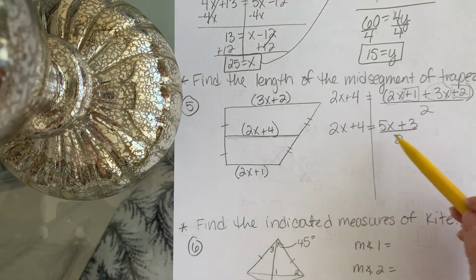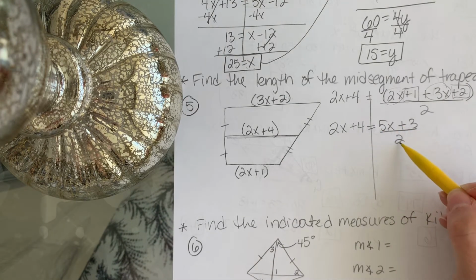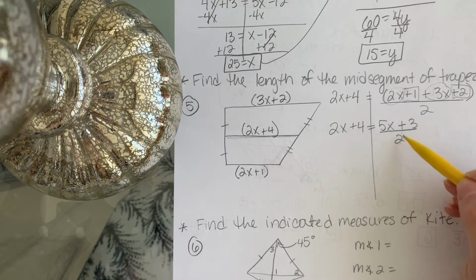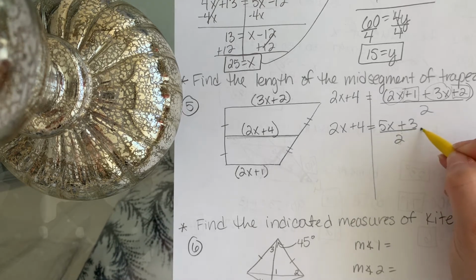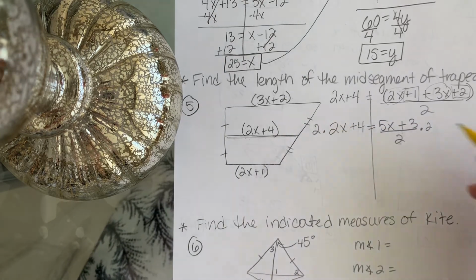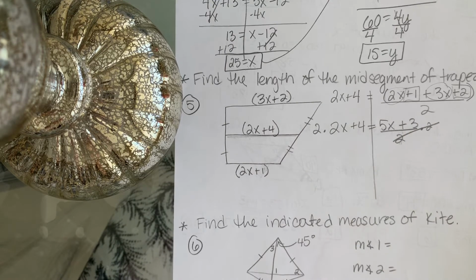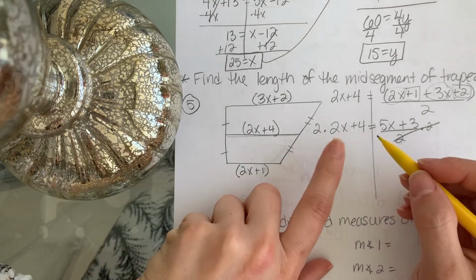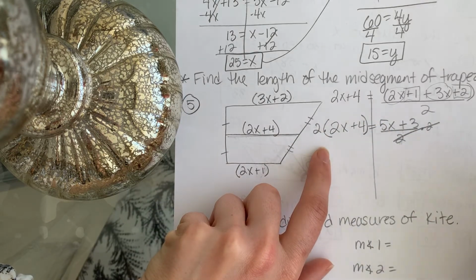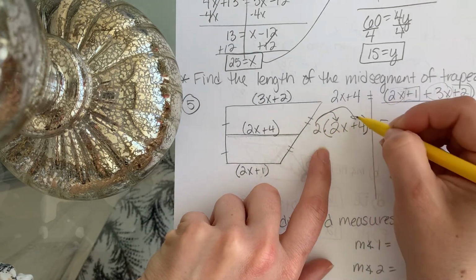Now that it looks a little better, we need to get rid of this 2 that's connected by division. And how do we unconnect division? We multiply both sides by 2. So these cancel out. Now be careful here. You're multiplying 2 to this entire expression, so you have to distribute.